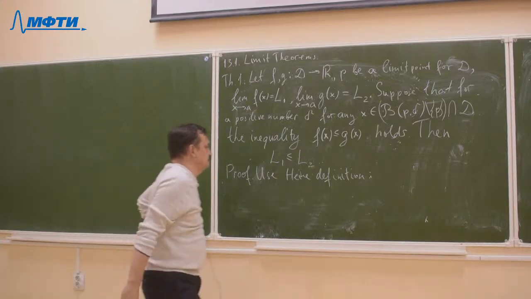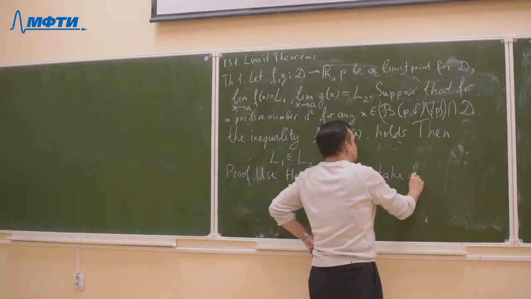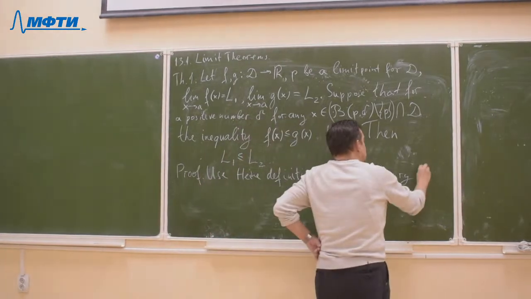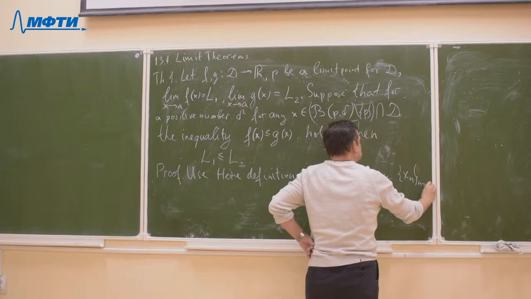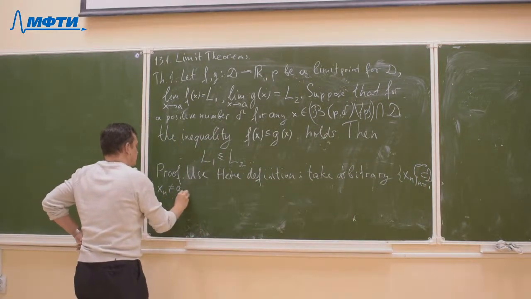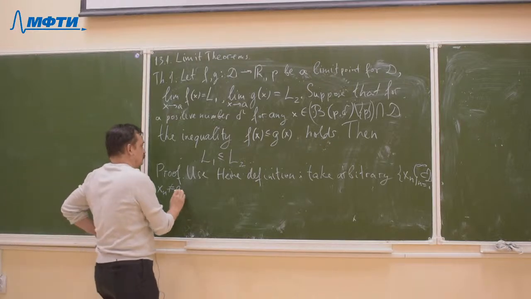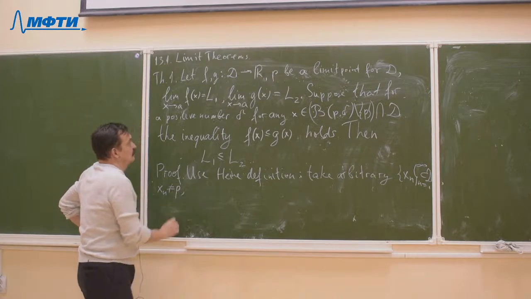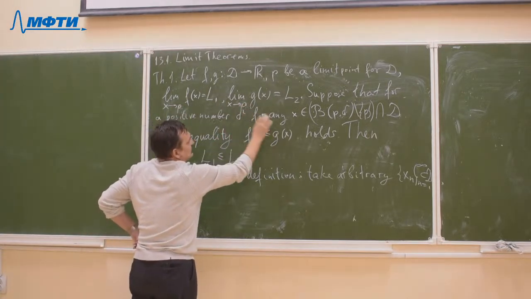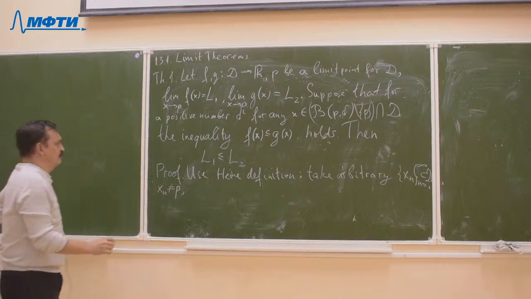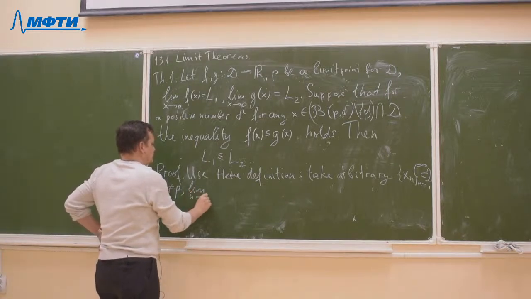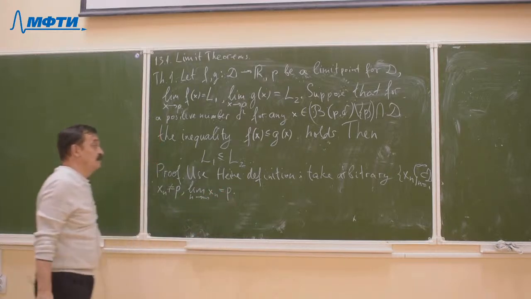Take an arbitrary sequence xn in D, xn not equal to p, everywhere should be p, and the limit of the sequence xn equals p.